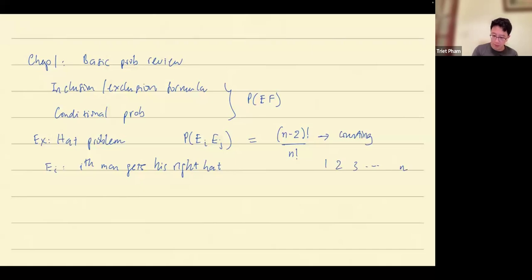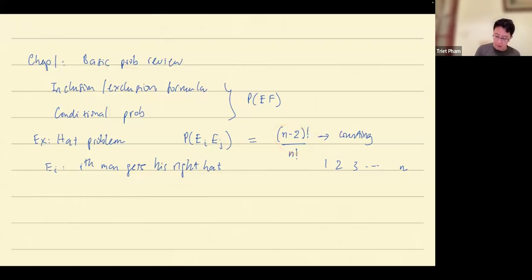Out of n positions, we have two positions that are fixed, namely the ith and the jth positions, where the hats are correct, and then we permute the remaining positions.